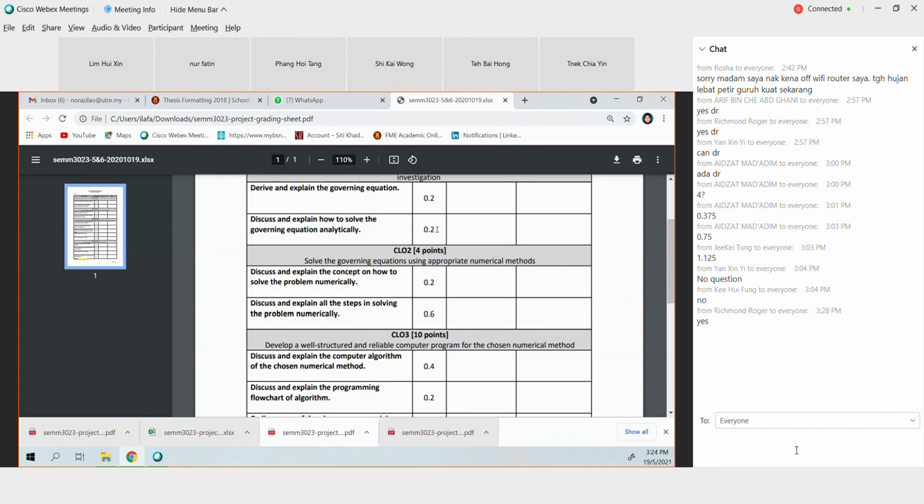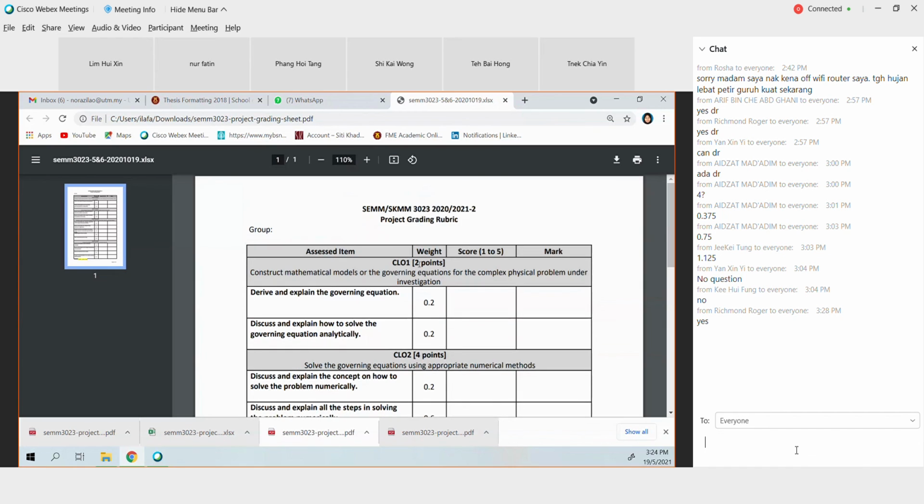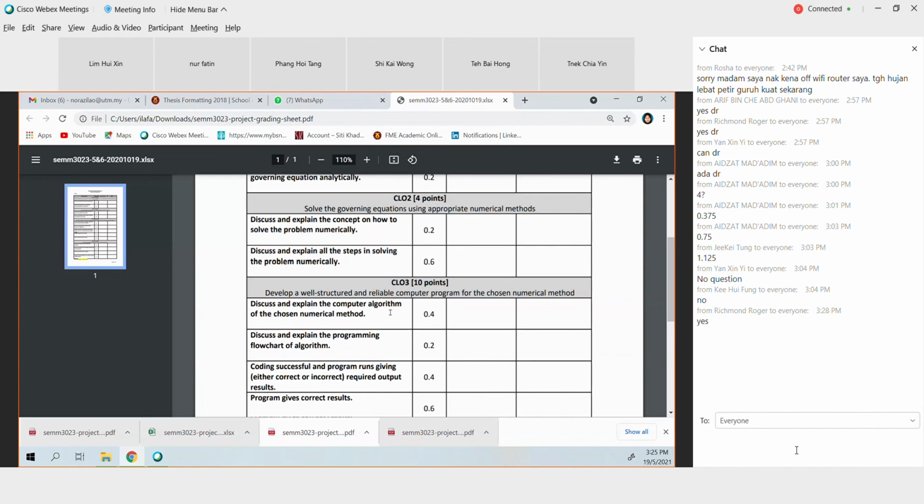Because for this project number 2, it's actually 2%. Okay, and then CLO3. So it's basically to develop a well-structured and reliable computer program. You have 2 students in a group, so you need to develop your own coding. Make sure that you use Octave. Do not use Toolbox.